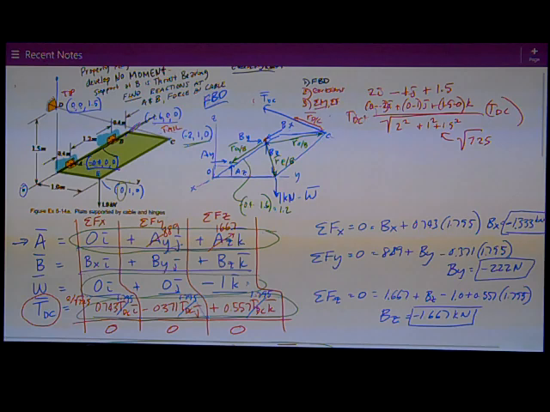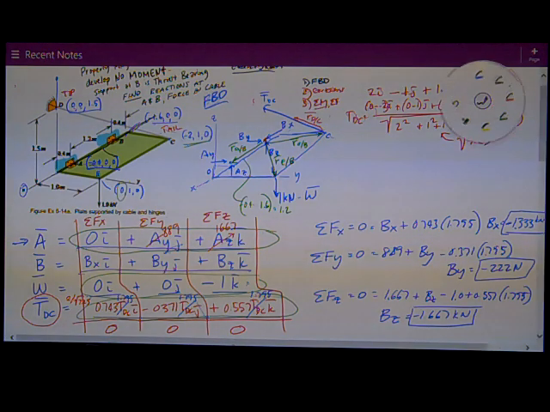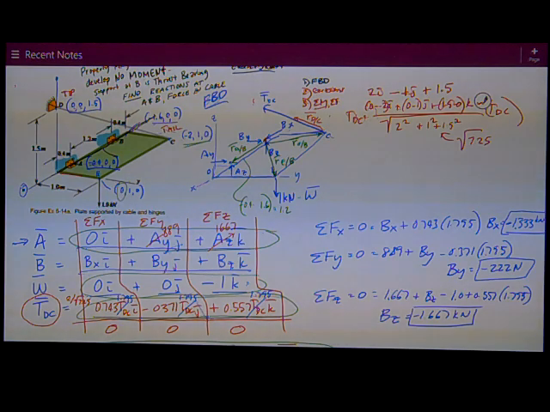Well, that's really a nice position vector. Very conveniently, from the line to E is a nice position vector, but it is just in the pure Y direction. So it's positive 1 in the Y direction, nothing in the X direction or the Z direction.